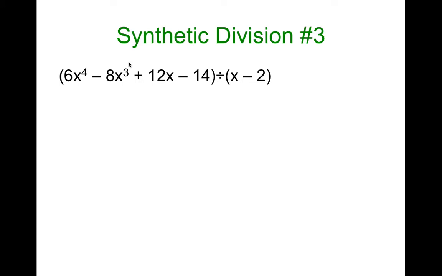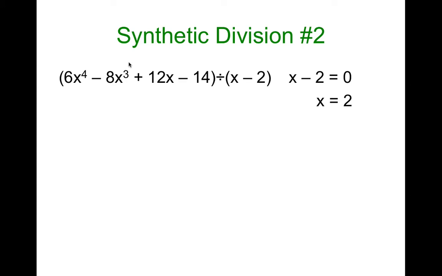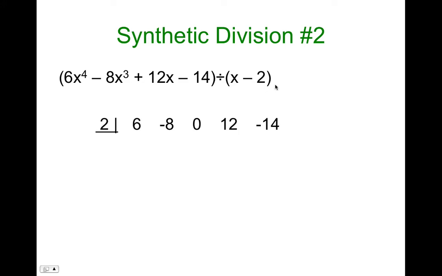Okay, so hopefully you had a little time to try this example. I'm going to go through it a little bit quicker, okay? But, reminder, we always start by figuring out how to solve the x minus 2. X is going to yield a 2. We put the little 2 in the box.